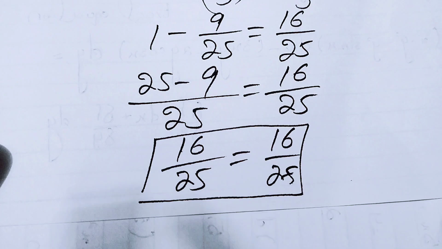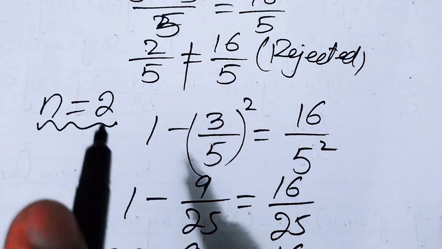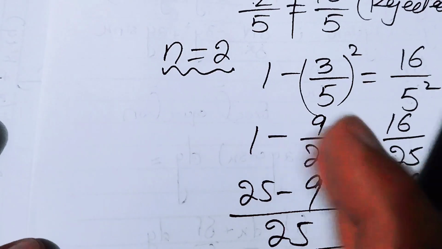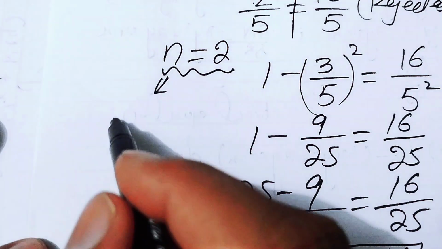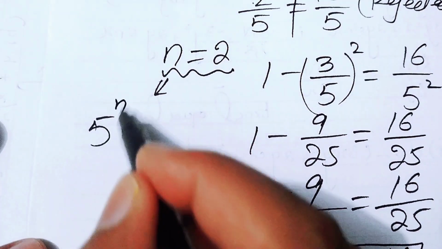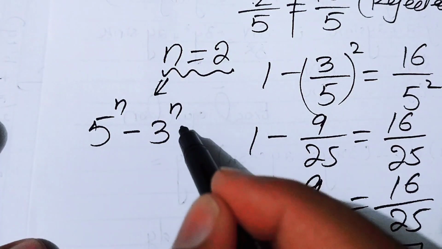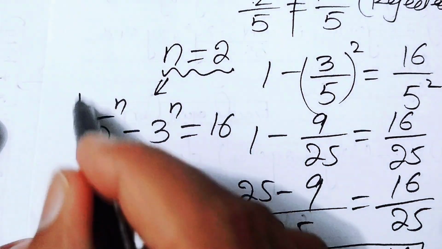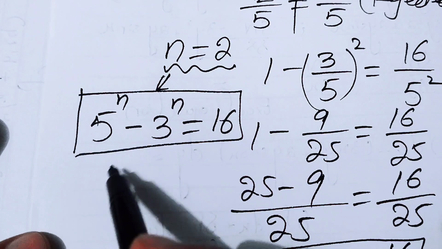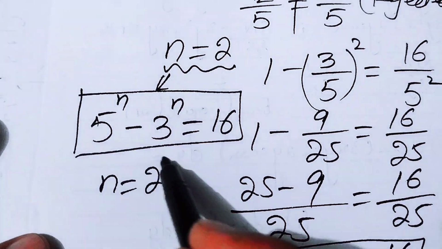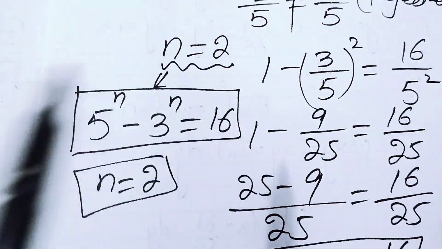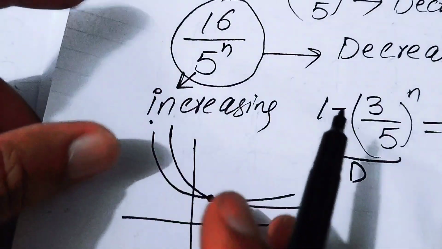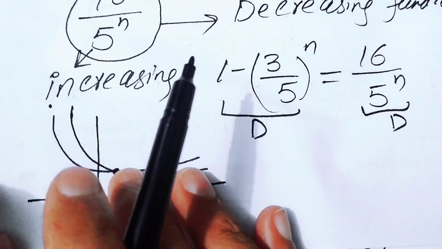So this shows that n is equal to 2 is the only solution of the given equation, which is 5^n minus 3^n is equal to 16. So the solution of this equation is n is equal to 2, and here you can draw the graph of these two decreasing functions.